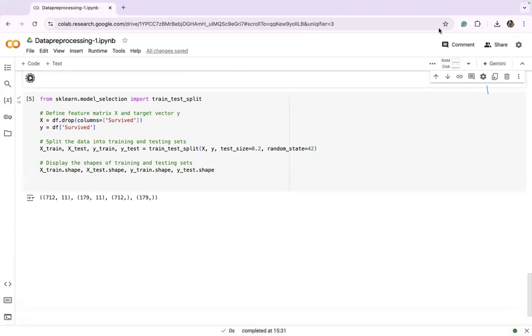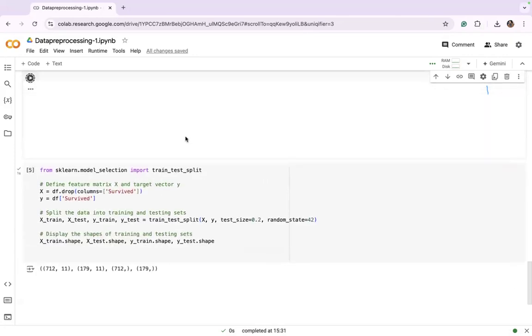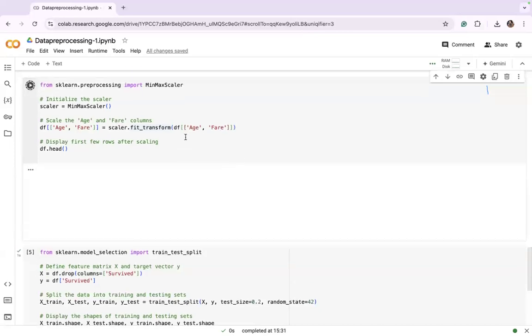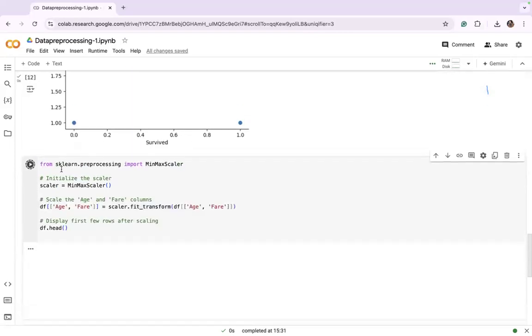Just 1 minute. See, you can see here now, this is moving. This means it is running.